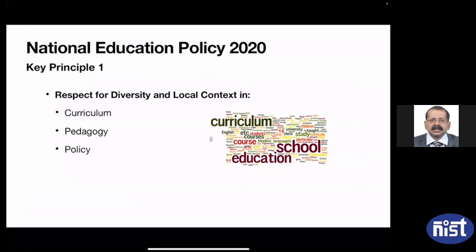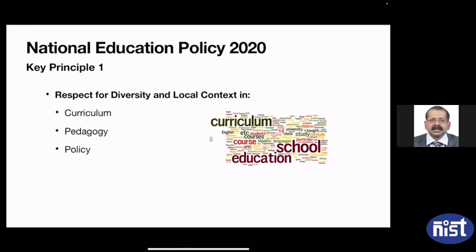Well, at the school level, currently also we have so many state boards which define the curriculum of the school education. So through that, the diversity and local context in the curriculum comes in, and this has been focused on by the new policy also.